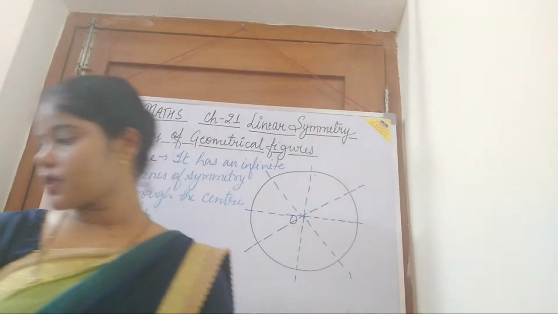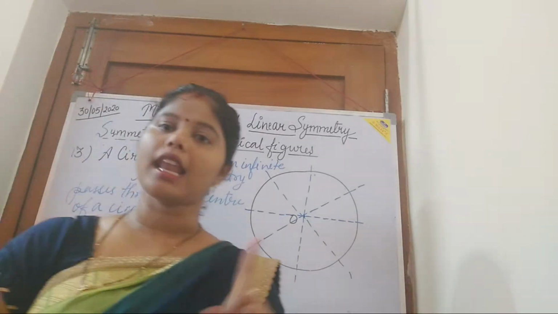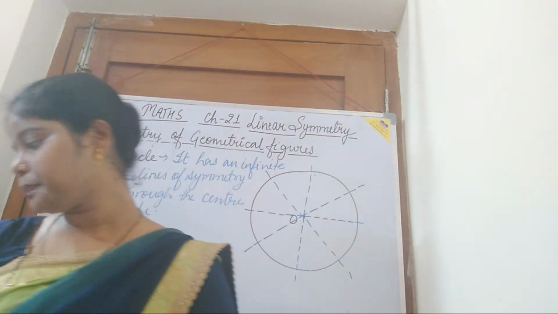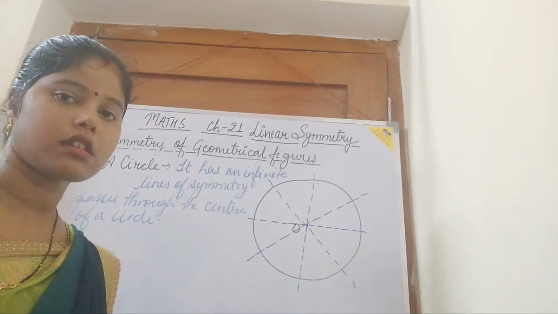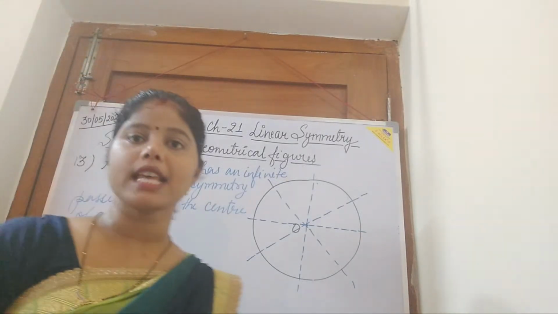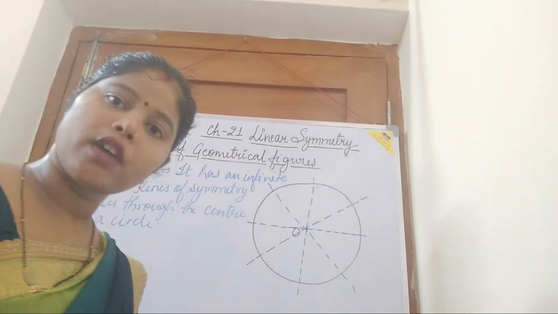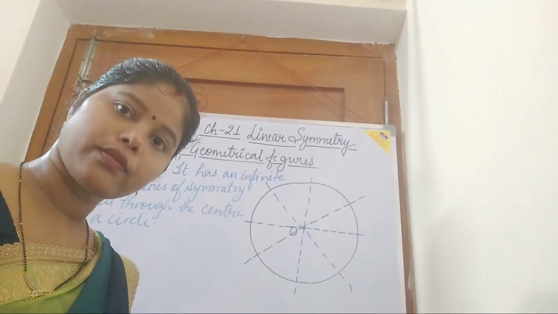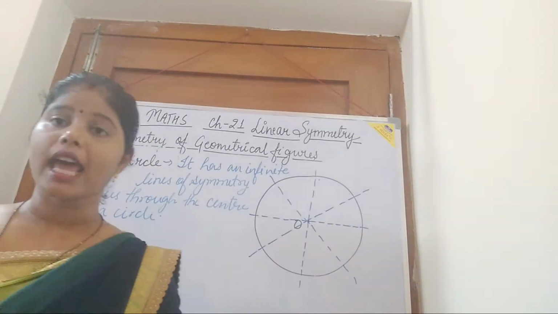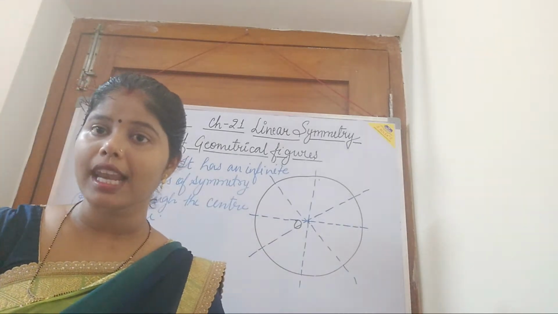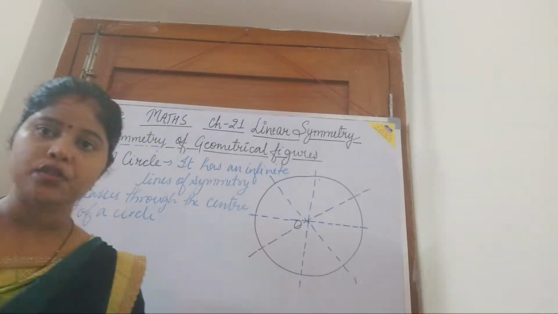So just recall whatever we have learned today. A line segment has one line of symmetry. An angle also has one line of symmetry. An isosceles triangle has one line of symmetry. An equilateral triangle has three lines of symmetry, and a parallelogram has no line of symmetry.